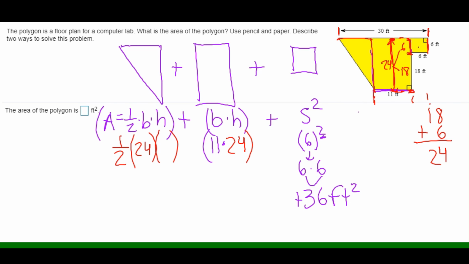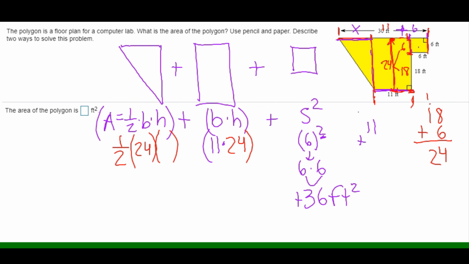From here to here is 11 units, and then from here to here is 6 units. I need another unit that will add up to be equivalent to 30. So 30 minus 11 minus 6 is going to be the value of x, which is the missing value, the base of the triangle.